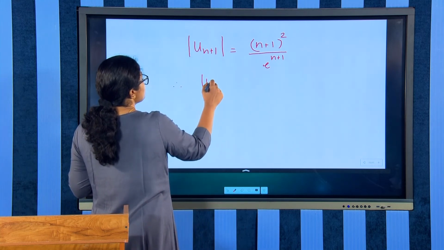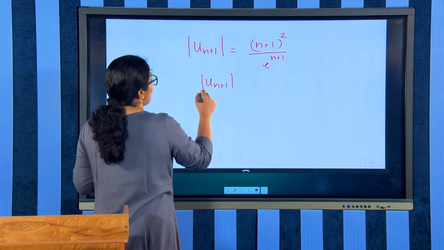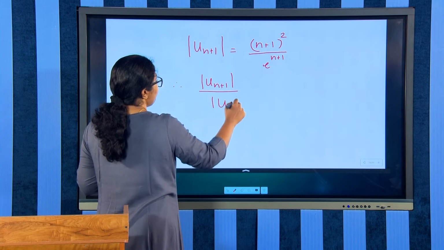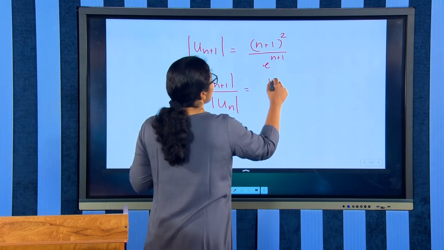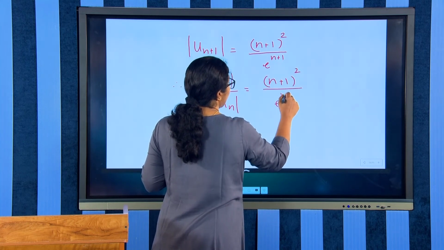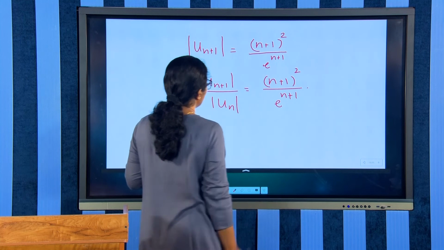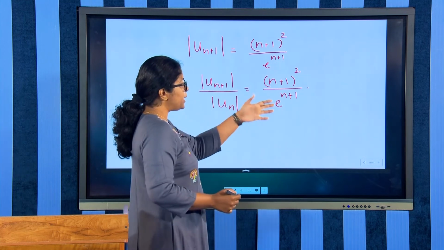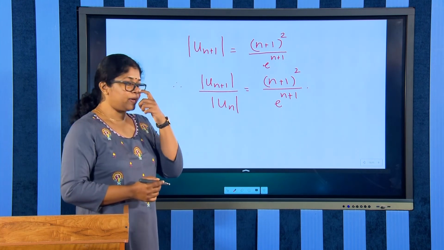Therefore, modulus of u_(n+1) upon modulus of u_n gives you (n+1)^2 / e^(n+1), divided by n^2 / e^n.